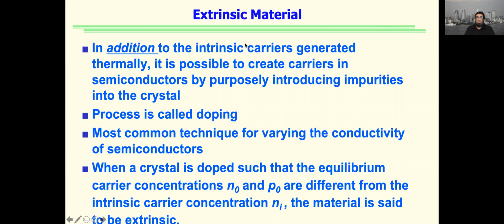Now, you can say, okay, hole concentration was p, but I say the hole concentration would stay n_i because in the previous slide we just said n is equal to p is equal to n_i for intrinsic materials. But depending on what kind of doping we are doing, it will be either n naught now for the electrons if the dopant is electrons, or p naught if the dopant is holes.